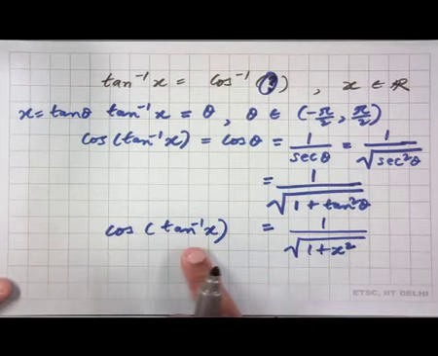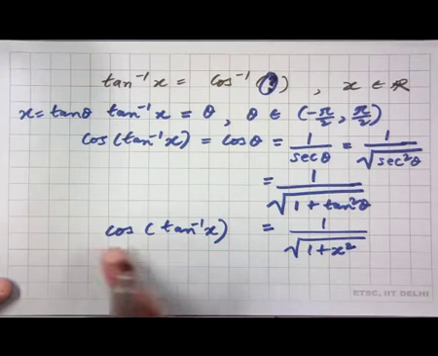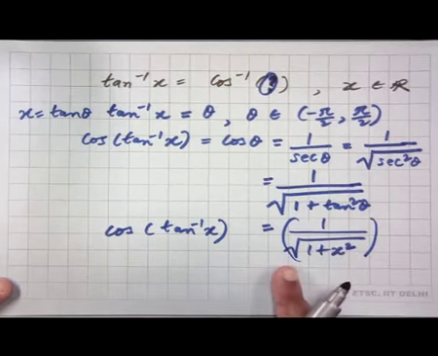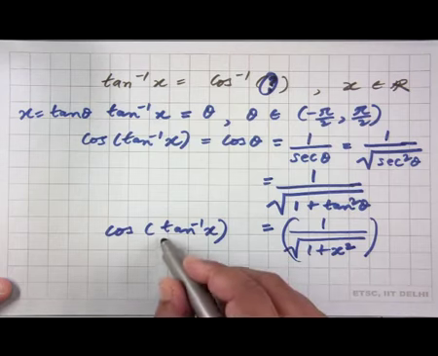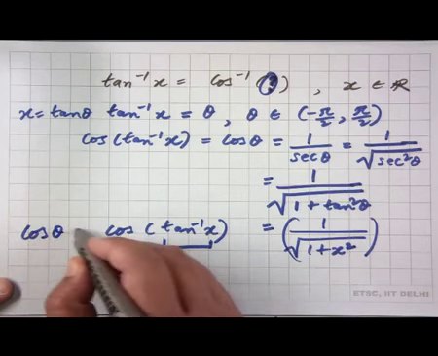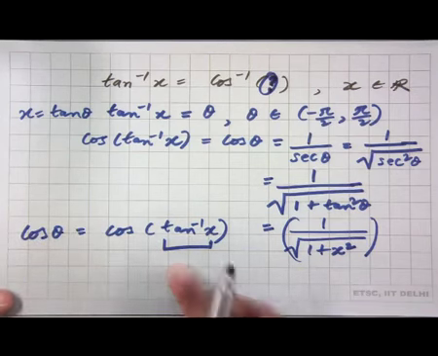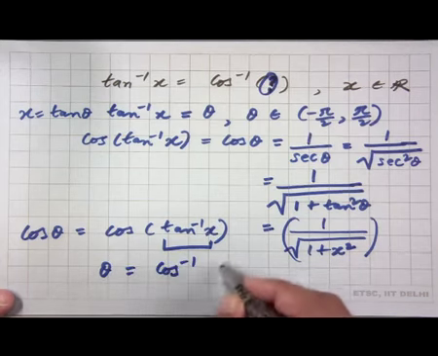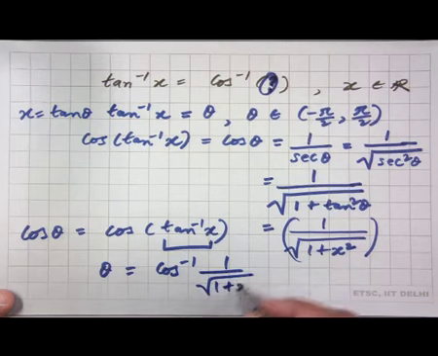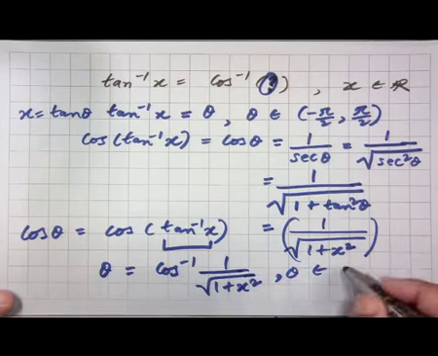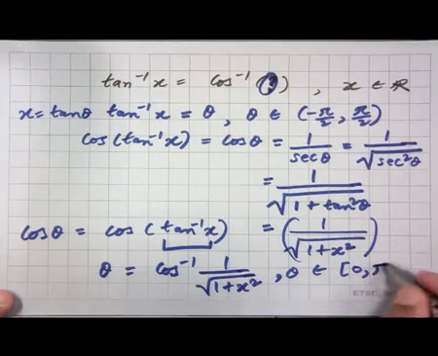But from here, can we write that tan inverse x is equal to cos inverse of this quantity? Well, we can only do that if we know that this value here, which is theta, satisfies cos theta equal to this. So, we can only write that theta is equal to cos inverse of 1 over root of 1 plus x square if and only if this angle theta belongs to the closed interval 0 to pi.